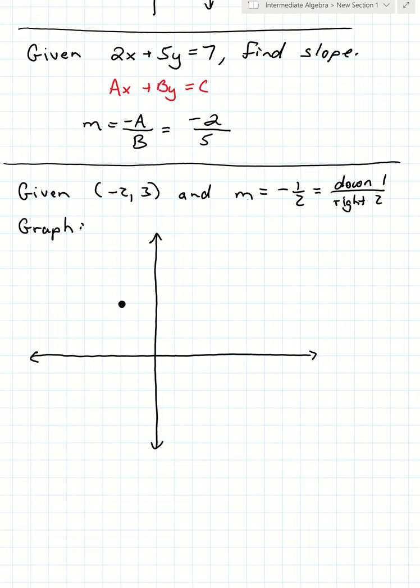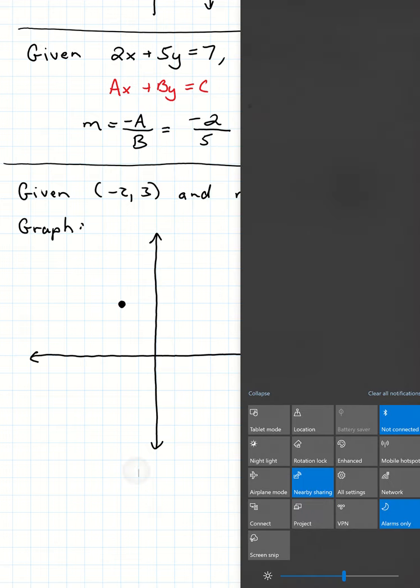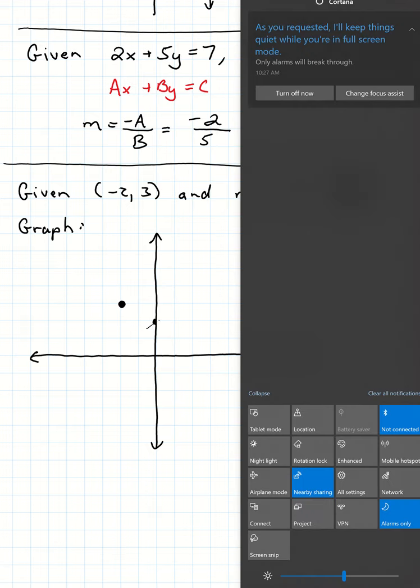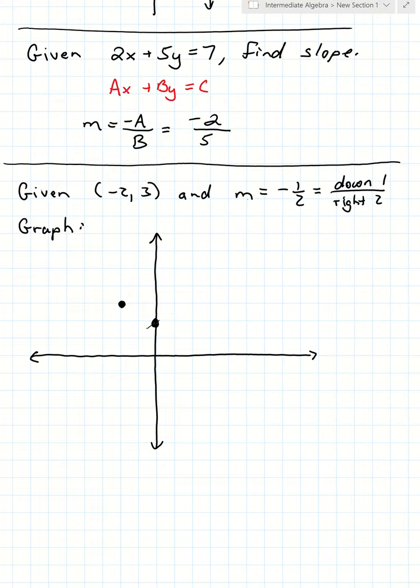And then I'm going to put another dot. If I want to continue in that fashion, I can go down another 1, and then move 2 more to the right and put another dot. I could keep going, down another 1 and to the right another 2, and put another dot.